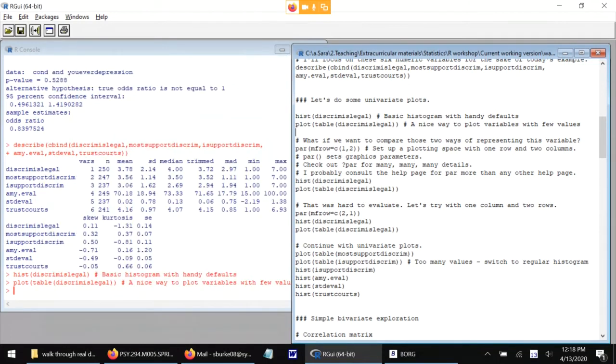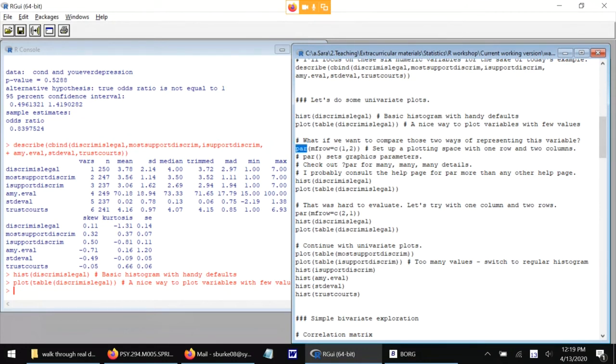And let's suppose I wanted to illustrate more clearly why the histogram function and the plot function called on the output of the table function are different. Well, I might like to plot both of those things right on top of each other or next to each other. So this illustrates how to do that.